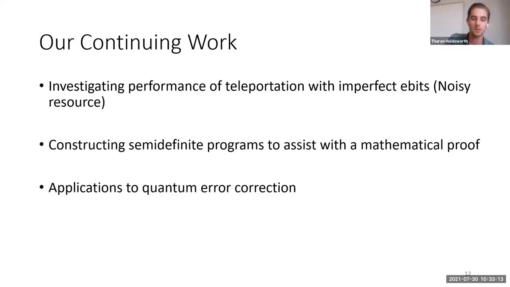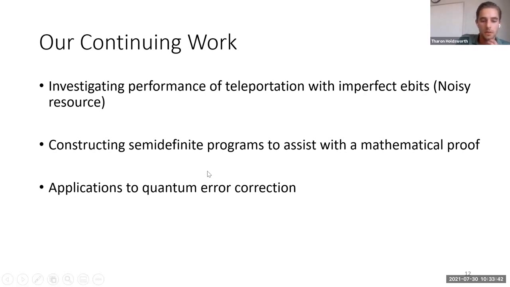In our work, we have been investigating how this kind of protocol would work when our E-bits are imperfect. If there's noise in the system, then we need to correct that, or we need to know the absolute minimum that we can operate under. This is a lot of information theory that is already being done in a classical sense.